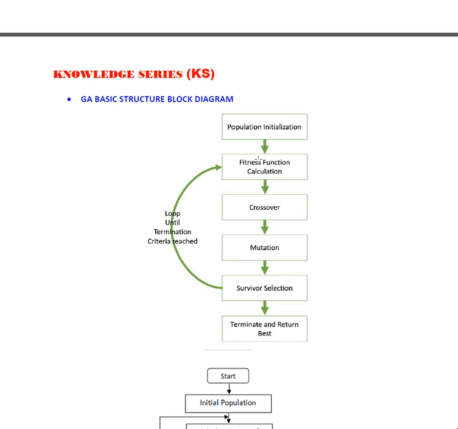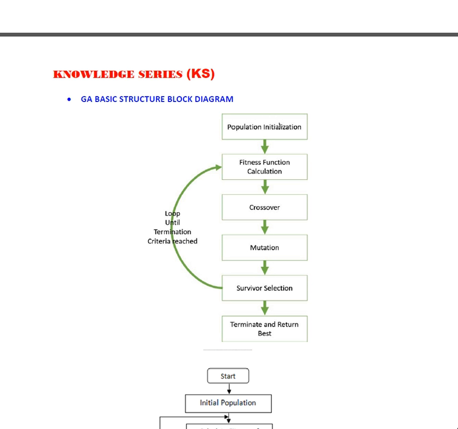After collecting the initial population, we have to find the fitness function, that is, the fitness of this population. Now this is the fitness function calculation, and the fitness function determines how fit an individual is, as it gives the fitness score of an individual. So from here we get the fitness score of these individuals.